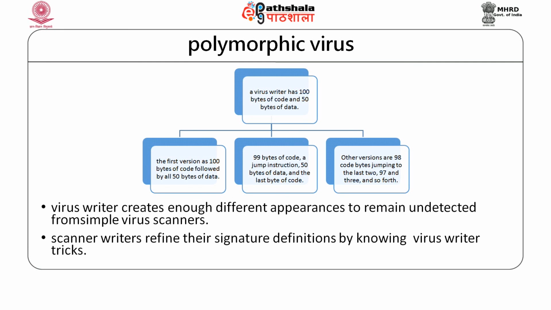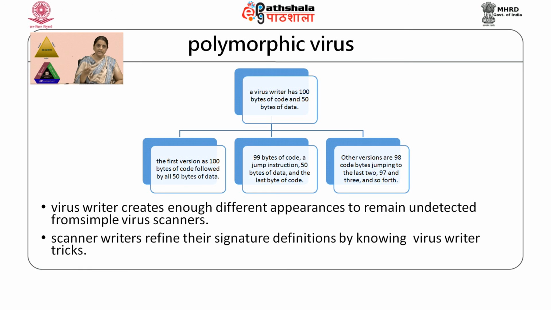Polymorphic virus, going ahead with the discussion: a virus writer has 100 bytes of code and 50 bytes of data. Now, how would these 100 bytes of code and 50 bytes of data be arranged? One way is to have all 100 bytes of code and then all 50 bytes of data.